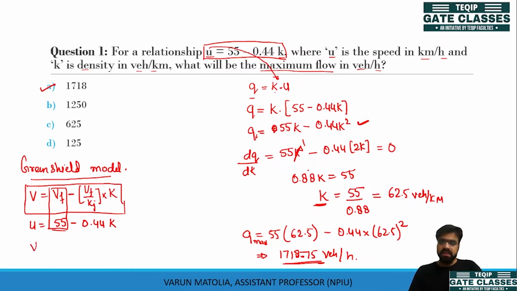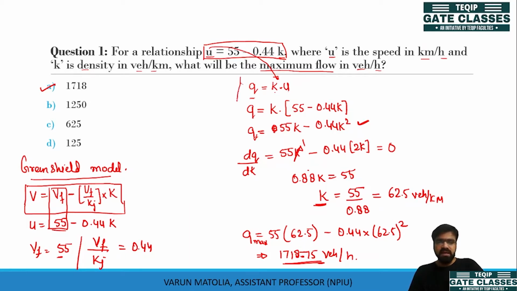So we can say that the free flow speed is 55. Here we can say that the ratio of free flow speed with jam density is equals to 0.44. While we compare these two equations, if Vf by kj, or free flow speed divided by jam density, is equals to 0.44, we can calculate the value of jam density as we already know the value of free flow speed.